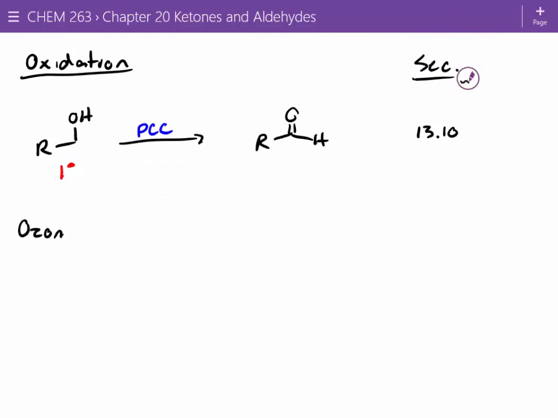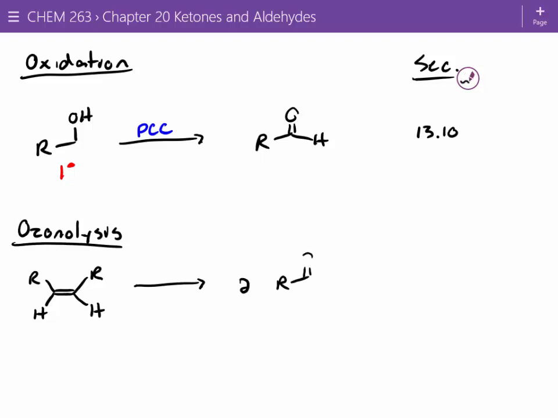Then ozonolysis. So if we have an alkene with 2 hydrogens on it, we can get 2 equivalents of our aldehyde, but what reagents do we need?